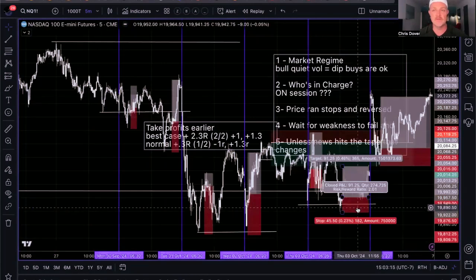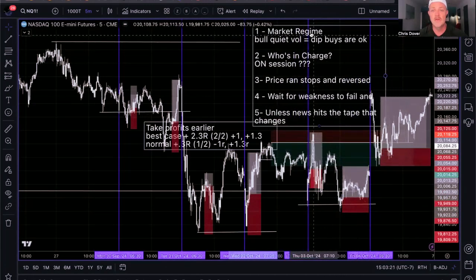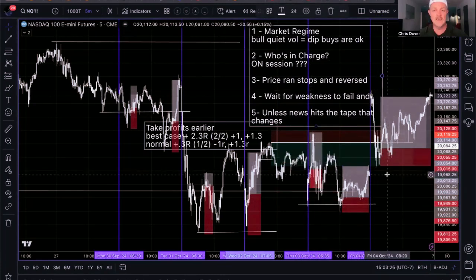Same probably for S&P 500. I think S&P is doing a little bit more strength off of the lows, but you can clearly see that key levels and just buying dips gives you 1 to 2 trades a day in Nasdaq, also in S&P, in this market regime.